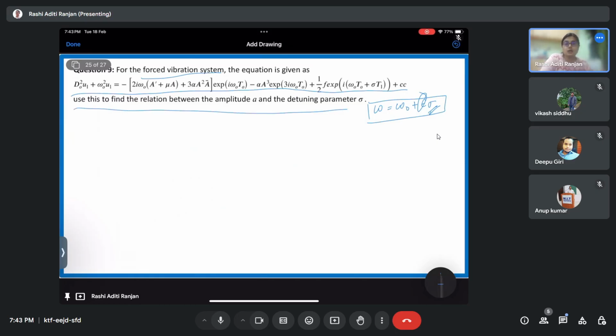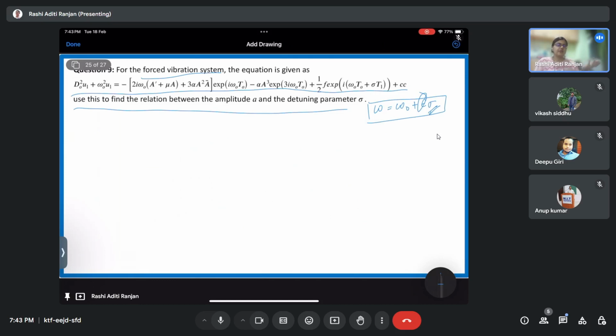Using the concept that we want to avoid the secular term in order to get a bounded solution, we found out the relation between the amplitude and frequency, right? Even in the previous live session we discussed a question wherein we found out the relation using the harmonic balance method. The tuning parameter is eventually related to the frequency, so we are concerned about finding the relation between amplitude and frequency. So the first thing that comes in my mind is making the secular term equal to 0.